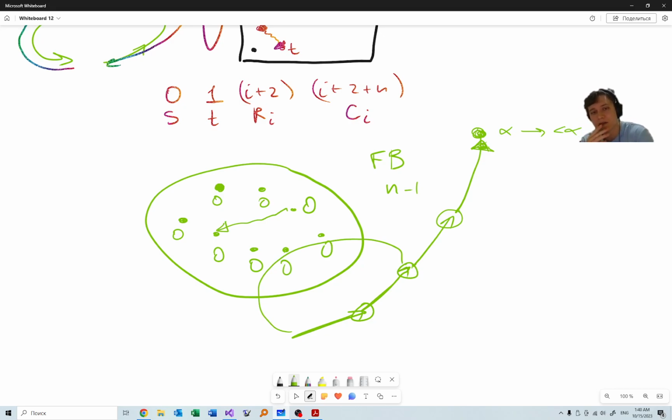Does this cycle have to be a negative one? I think yes.